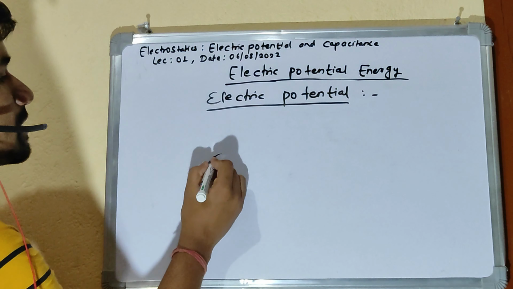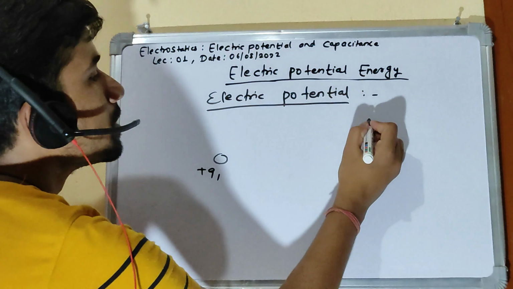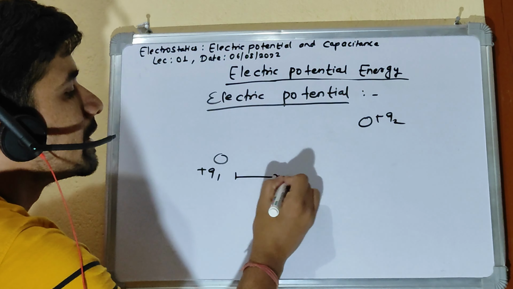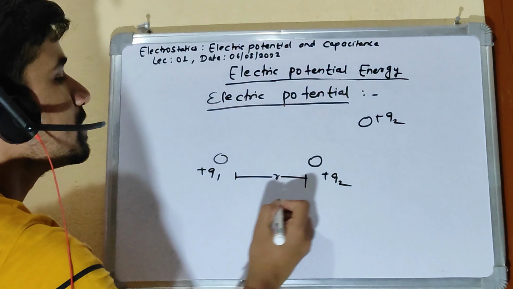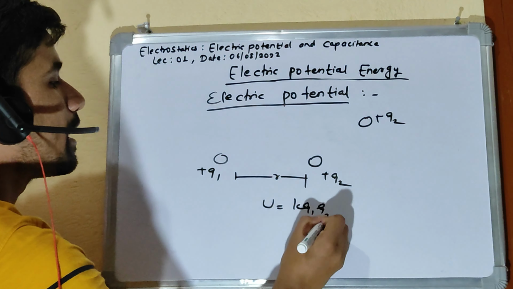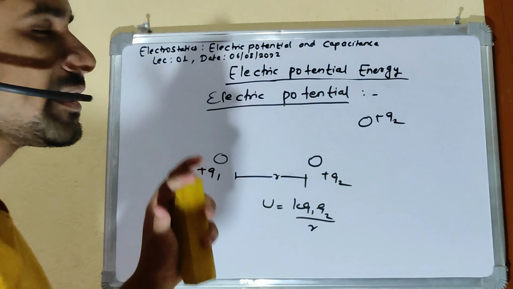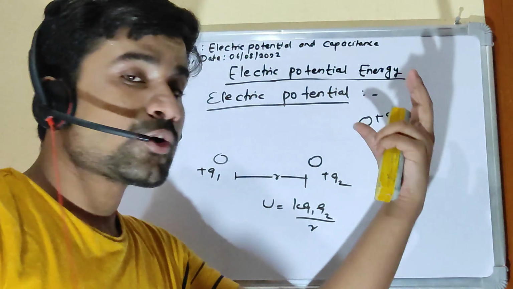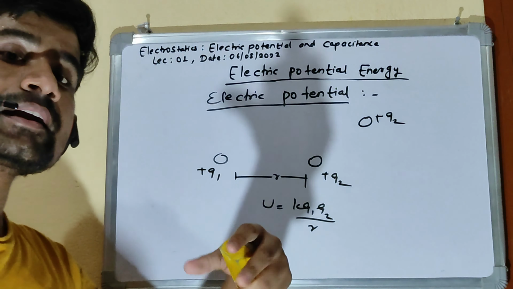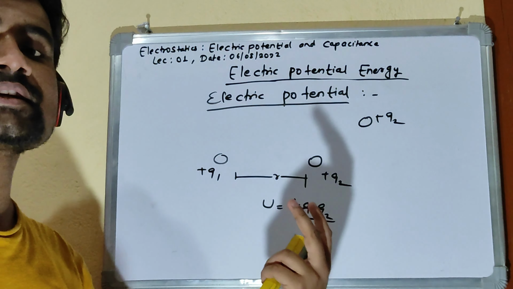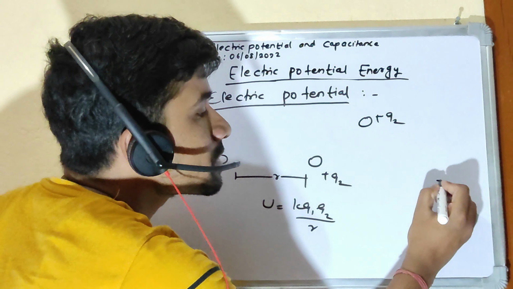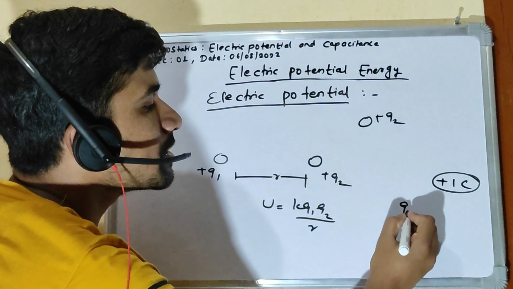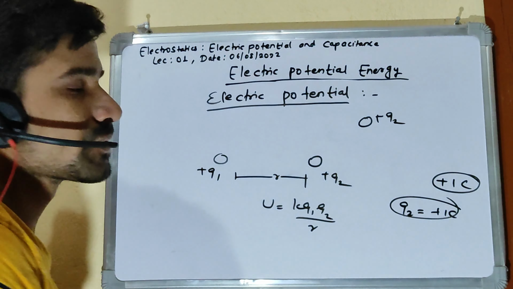If we have a charge plus q1, the work done to bring the charge plus q2 in its vicinity from infinity to a fixed point r is stored as potential energy, which is k q1 q2 by r. So electric potential is nothing but the work done in bringing a test charge from infinity to a fixed point. We explained in electric field intensity that a test charge is a plus unity charge, plus 1 coulomb. So now we have specified q2 as plus 1 coulomb.